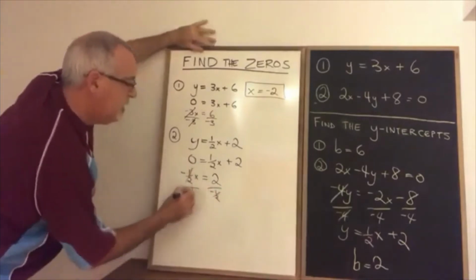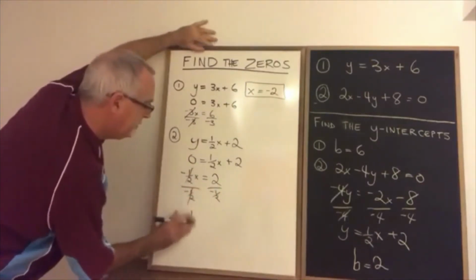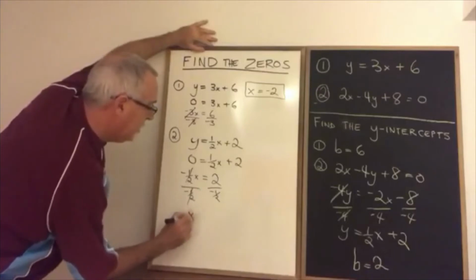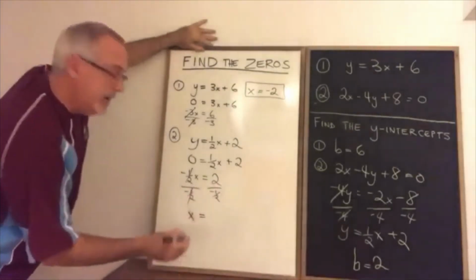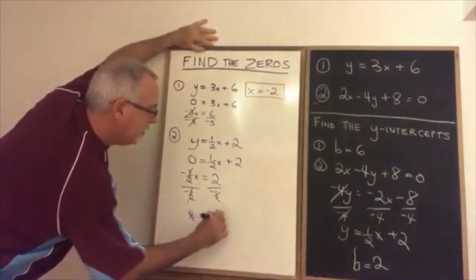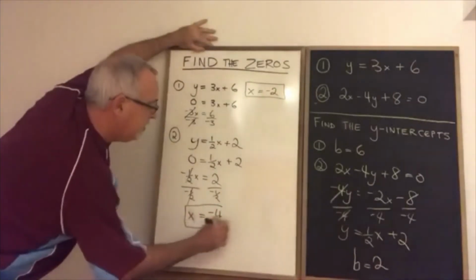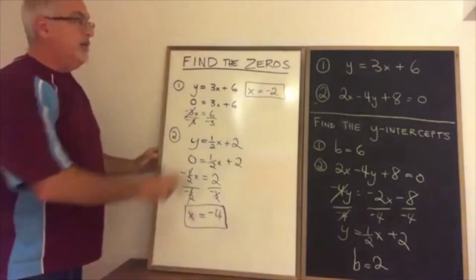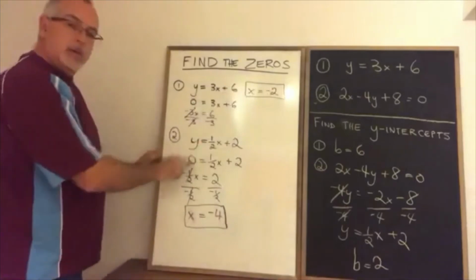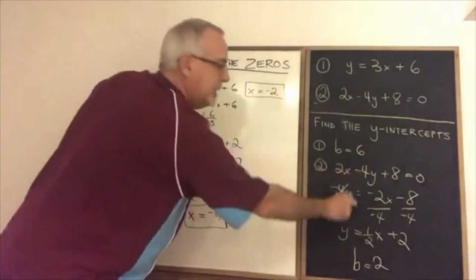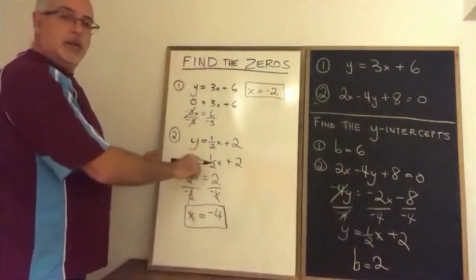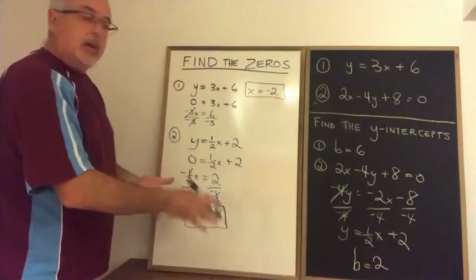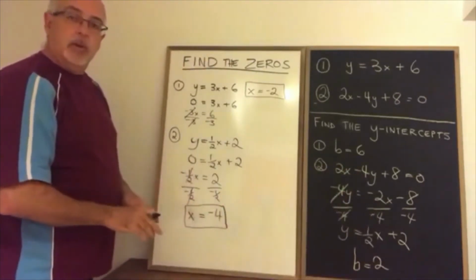I'm cancelling the numerical coefficient of x, and x equals 2 divided by -1/2, which is -4. I have my 0 for the second equation. So there was a bit of algebra involved, both at the beginning and in the finding of the 0, but I'm able to do it, and I'm using y equals ax plus b form to do it.